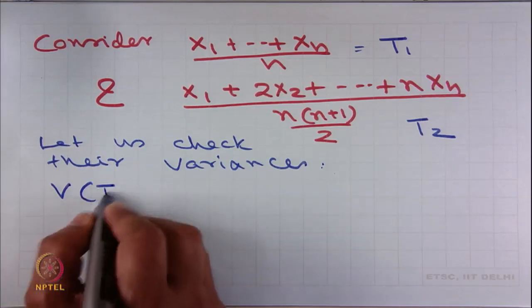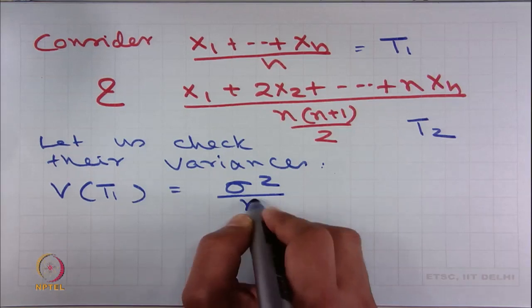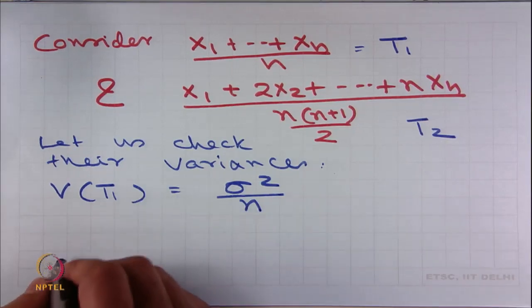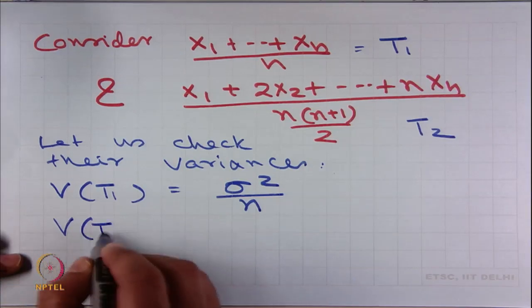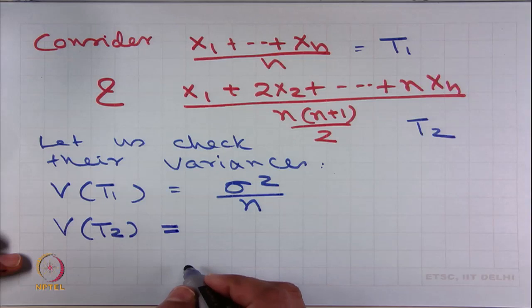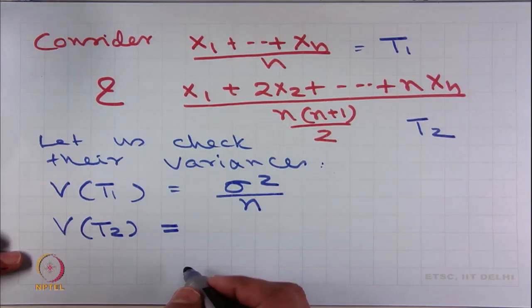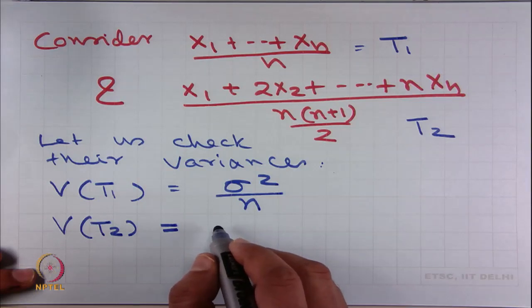Variance of T1, as we know, is sigma square by n, and variance of T2 we have calculated on another day, but let me do it again.